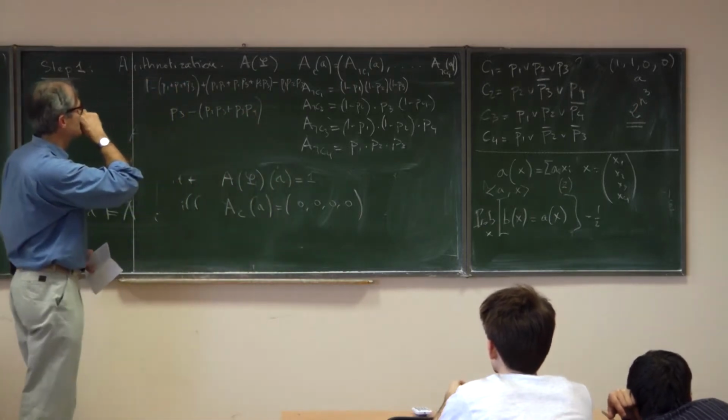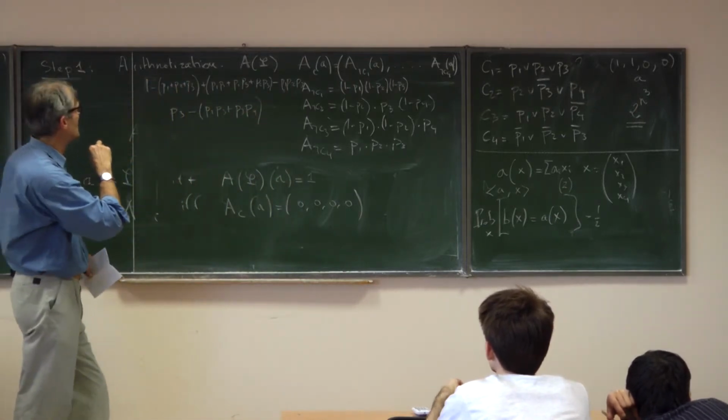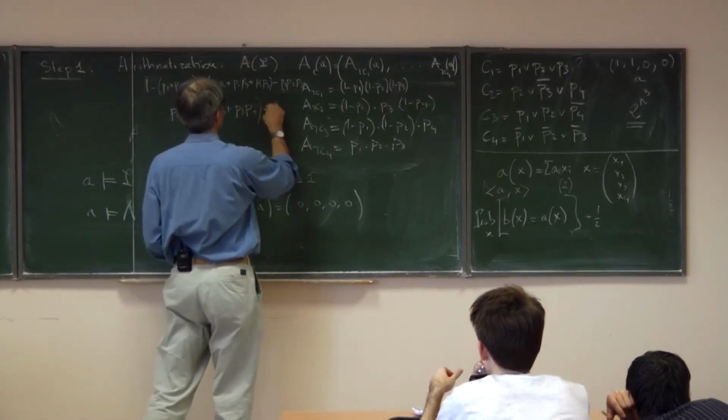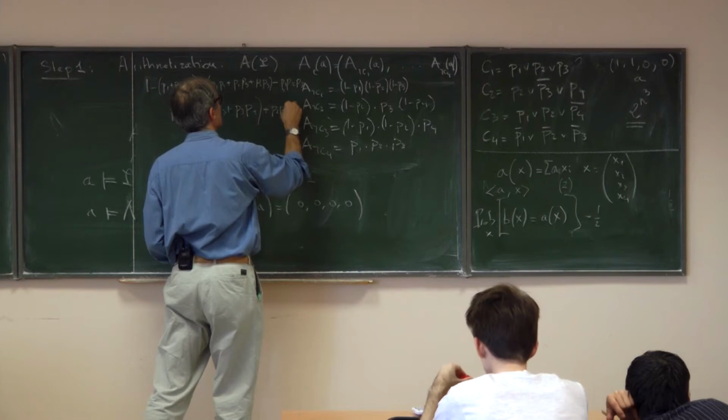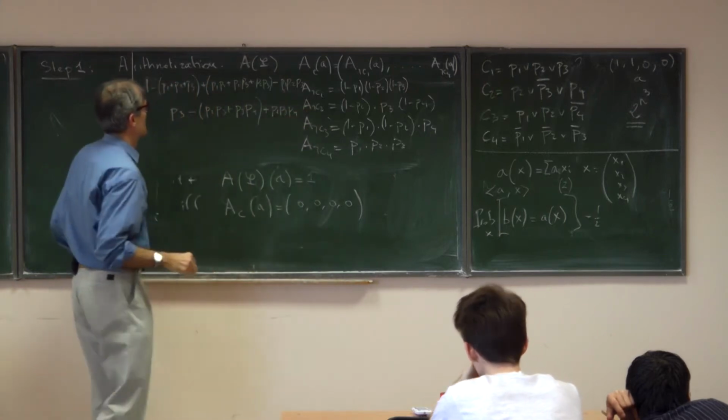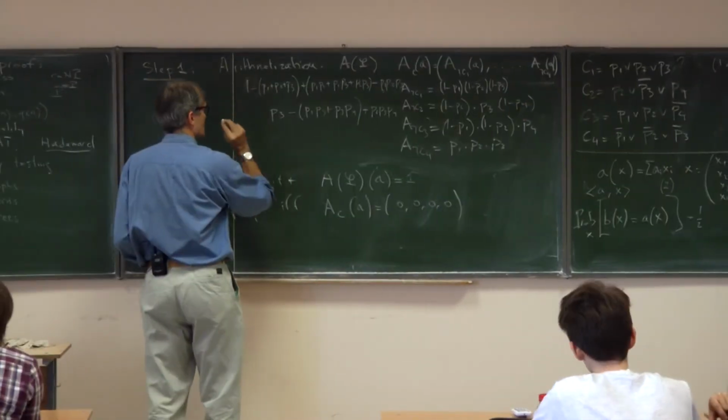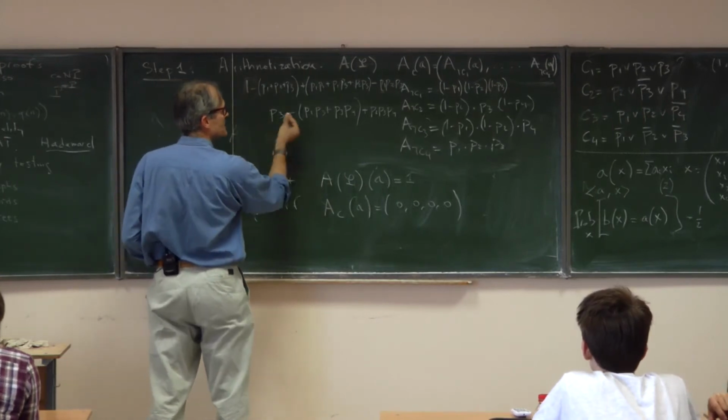I think I get only these two terms of degree 2, and then plus P2 P3 P4. Now check, I may have made mistakes.